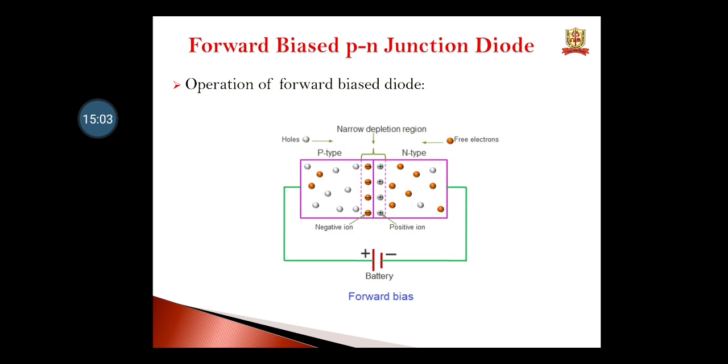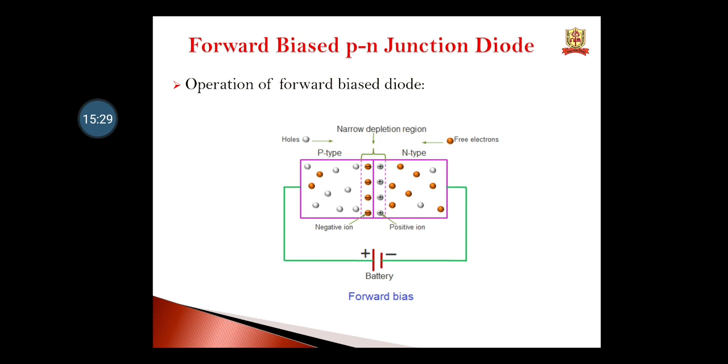You can see when the positive terminal of the battery is connected to the P type of the diode, that is the anode, then the holes are repelled by the positive terminal of the battery, and the holes will try to move through this depletion layer region towards the N type of semiconductor.